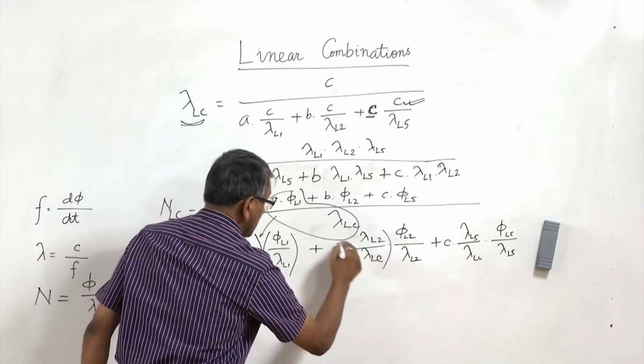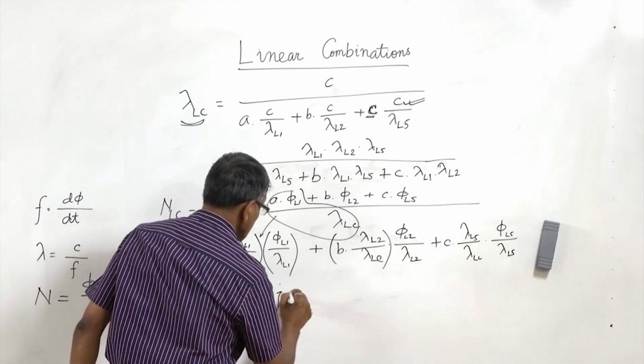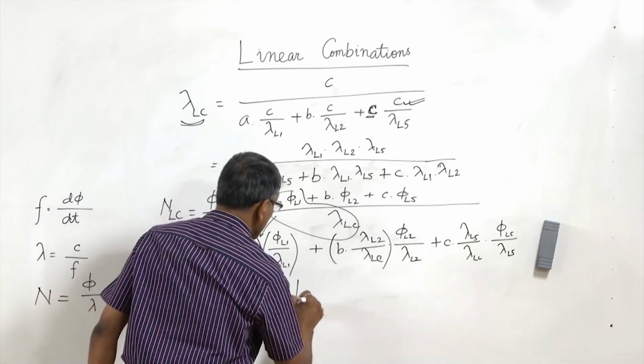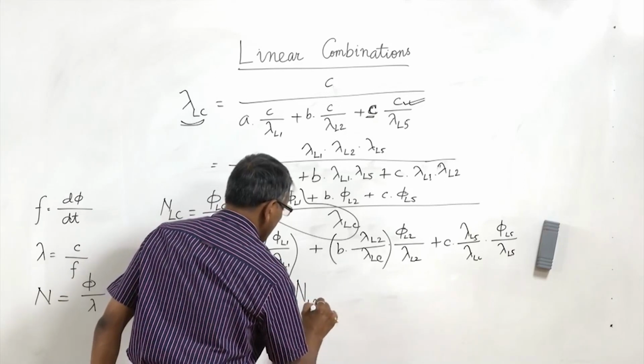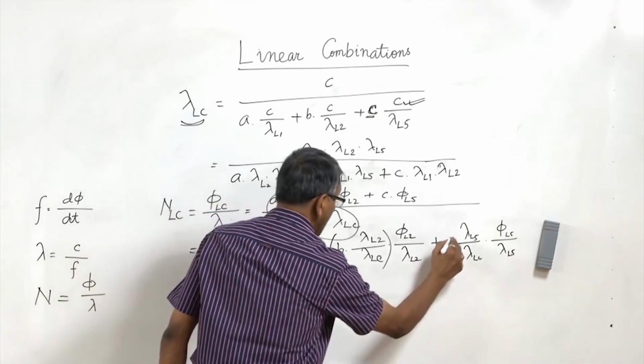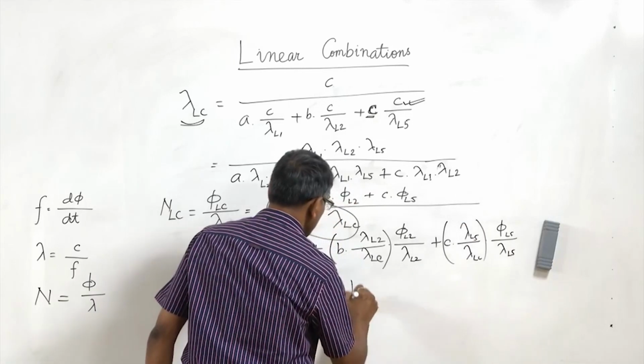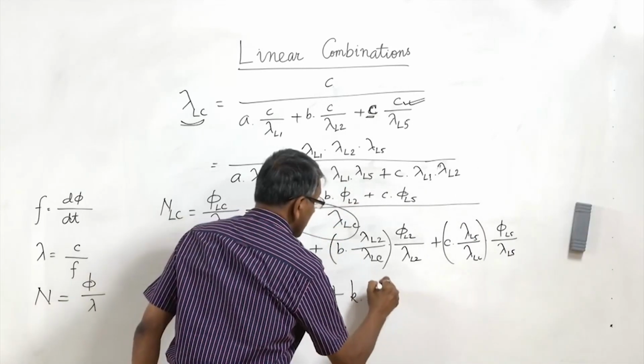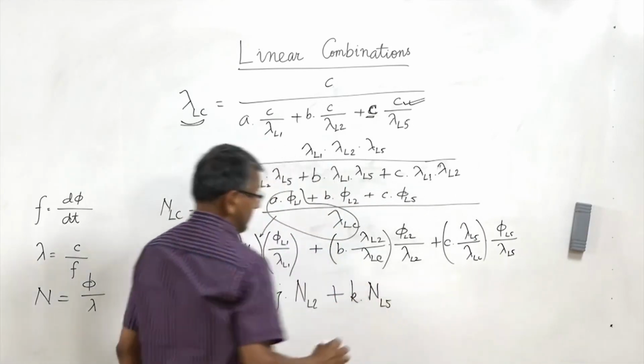Similarly this is another constant J, and this is the integer ambiguity of the L2 signal, and this is again a constant K, the integer ambiguity of the L5 signal.